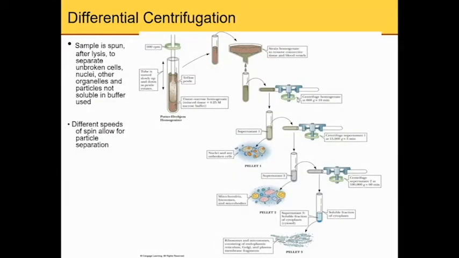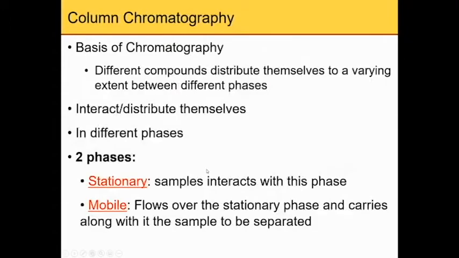But before that, you need to perform differential centrifugation, right? Differential centrifugation, so that you can remove the contaminants, so you can separate the cell components, and then give you a purer extract and make it easier for you to isolate the protein.